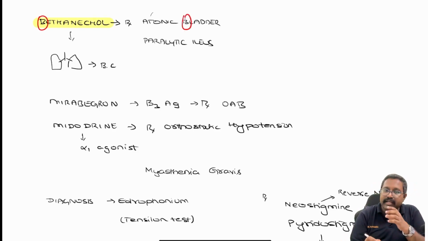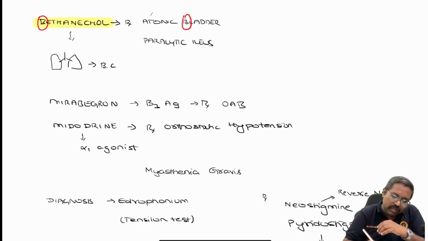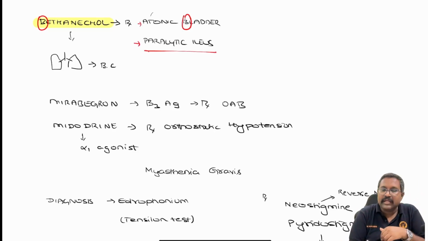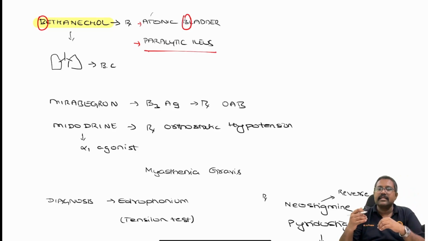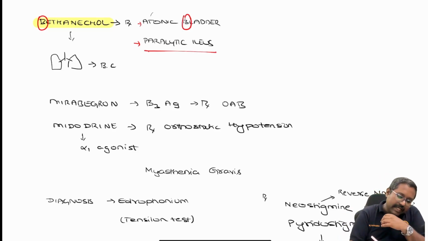They are preferred in the atonic bladder. The bladder is already having no function, atonic, not functioning at all. To increase the contraction of the bladder so that there will be easy passage of the urine, you can use bethanechol. Also in conditions like paralytic ileus, where there will be decreased movement in the intestine, for example following any post-operative surgeries. And what happens to the lung?